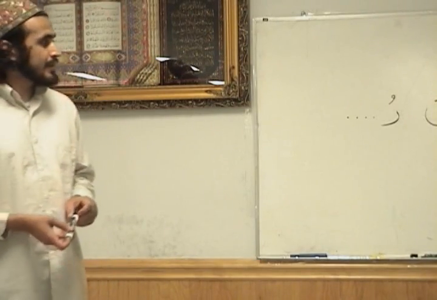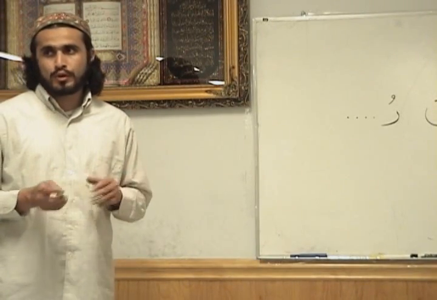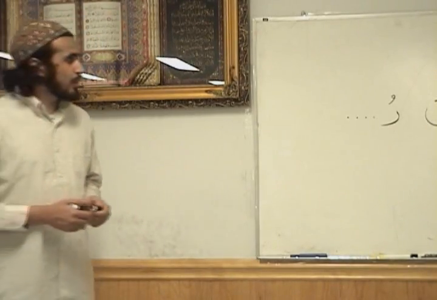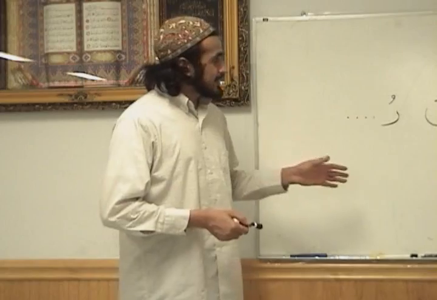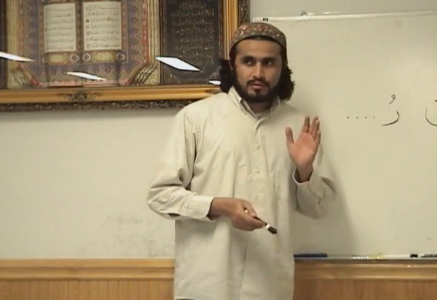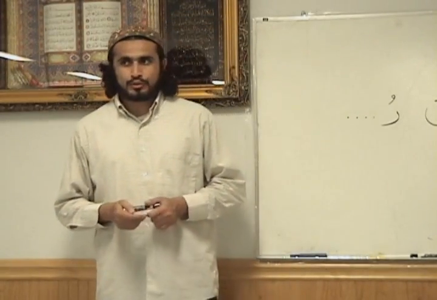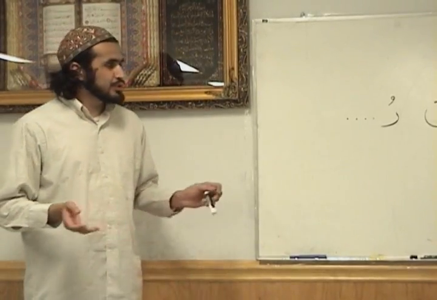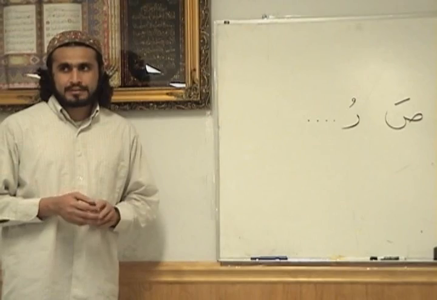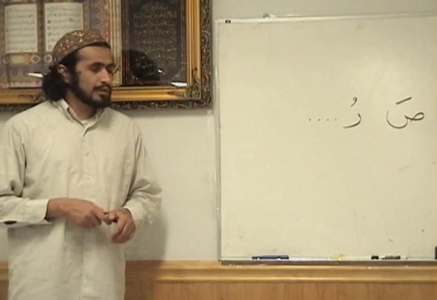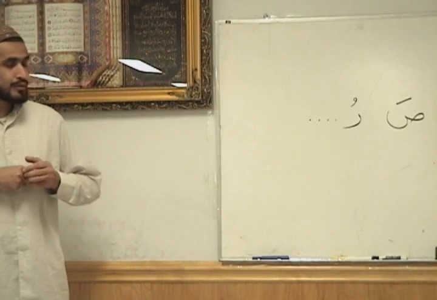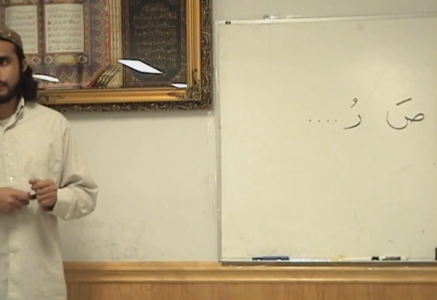And then skip the next letter because it has a sukoon in both ma'ruf and majhul, so there's no change required. And then the next letter, based on the dictionary definition of the fi'l, could have a fatha, a kasra, or a dhamma. Just change it to a fatha. If it has a fatha, leave it. If it has a kasra or dhamma, change it to a fatha. And those are the only two things you need to do to change it to majhul.